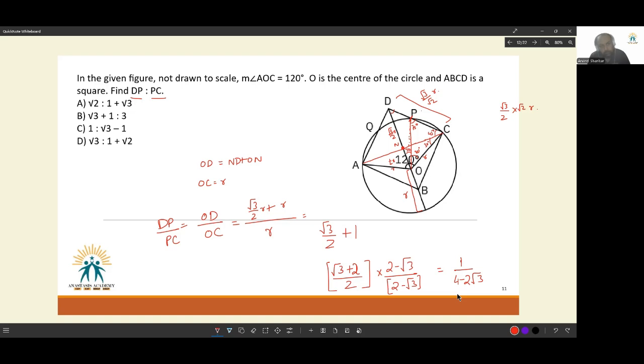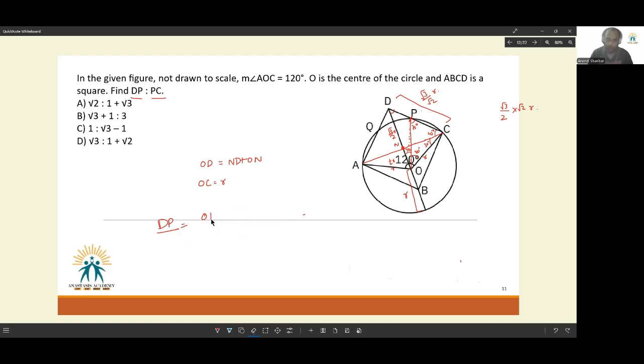Root 2 is to root 1. I hope my breakage here is not wrong. And D is root 3 by 2R.